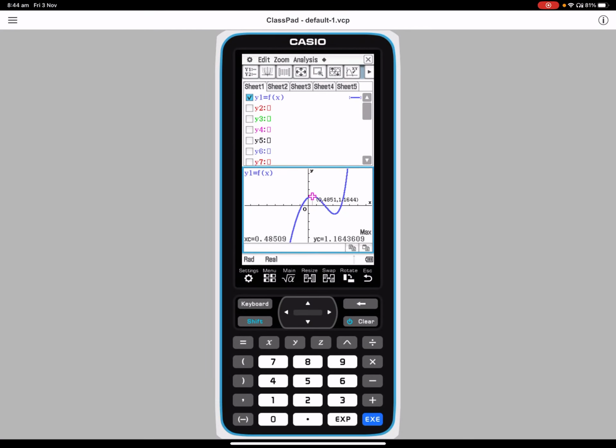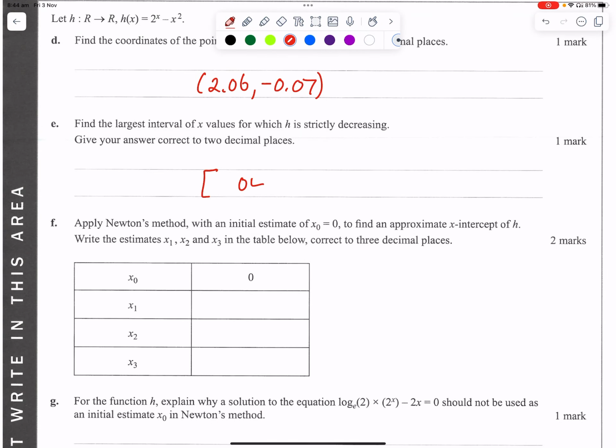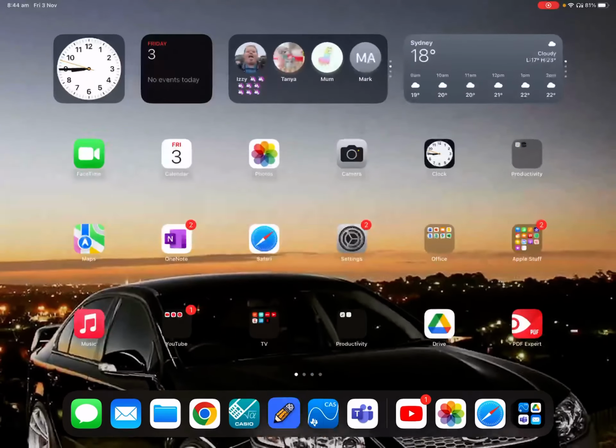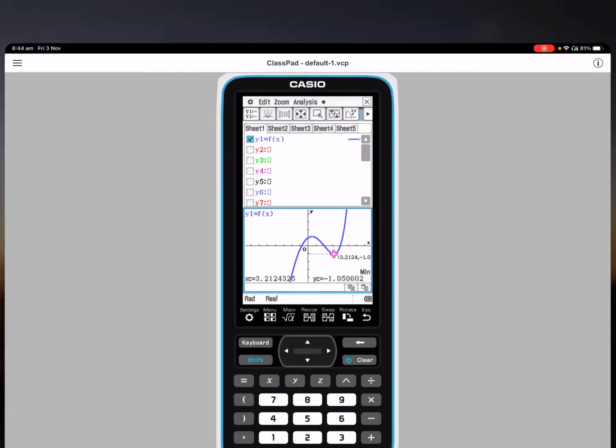To 2 decimal places, so 0.049. And then my min is 3.212.